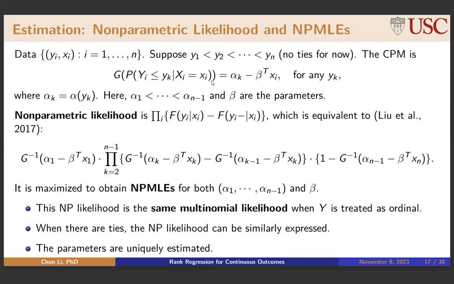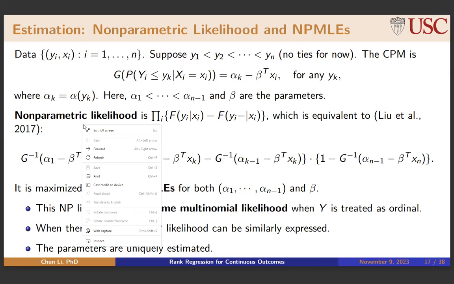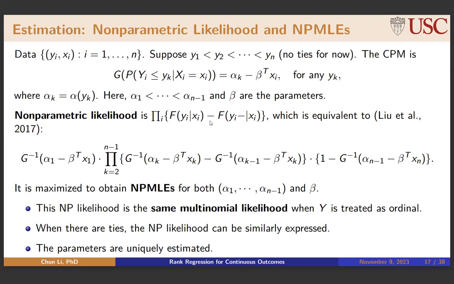Right. So here's our model, and it's going to be non-parametrically estimated. So the focus will be on those n points, and we will have n-1 cutoffs, the n-1 intercepts to estimate, and we also need to estimate beta. This is non-parametric likelihood. This is a generic way of writing likelihood.